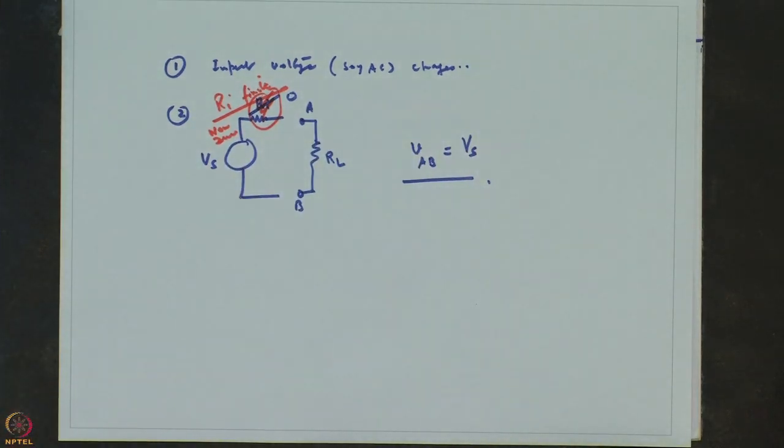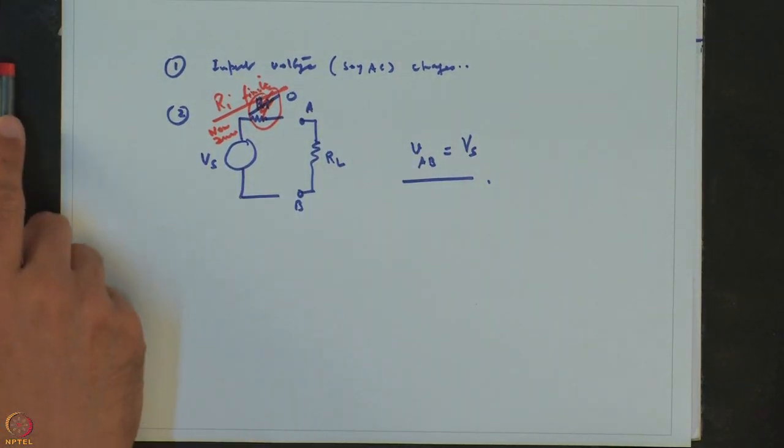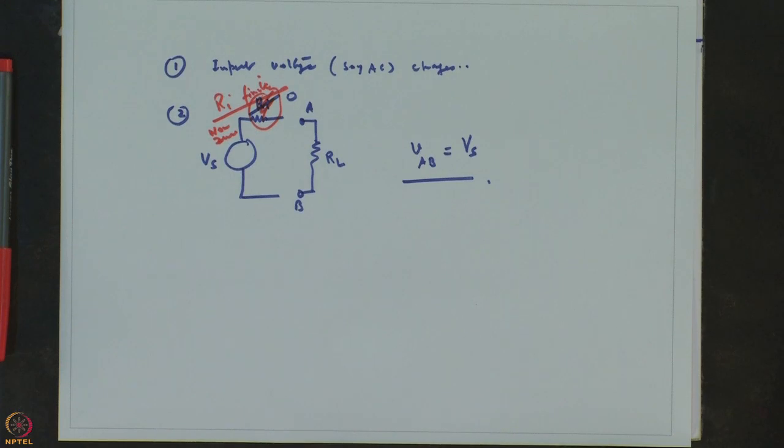So, basically the voltage across the load RL will tend to change, and that is another reason why I would like to do something to maintain the voltage constant, because my load RL may be sensitive to variations in the voltage. Okay, now what is the solution?